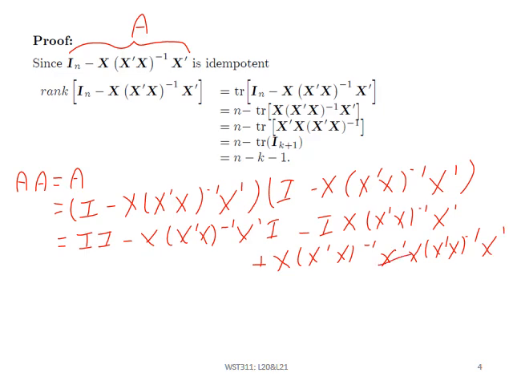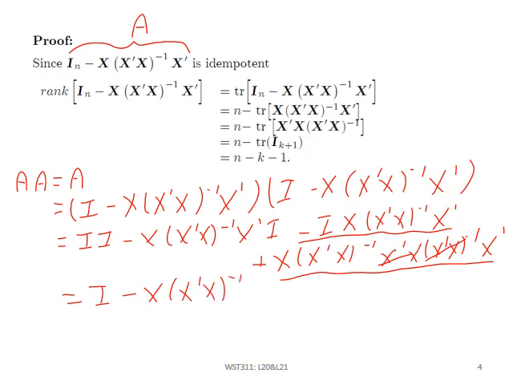We see that this term cancels out with the inverse over here, and what we are left with over here cancels out with what we have over there. That implies we're only left with x, x transpose x inverse x transpose, which is equal to A.